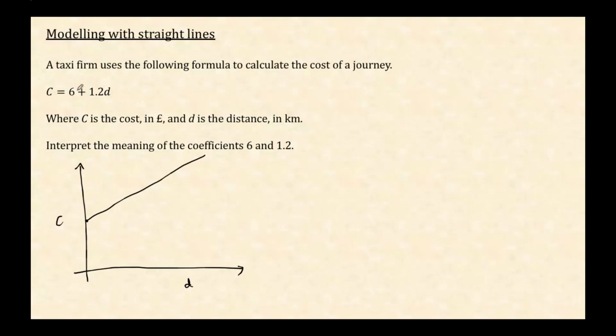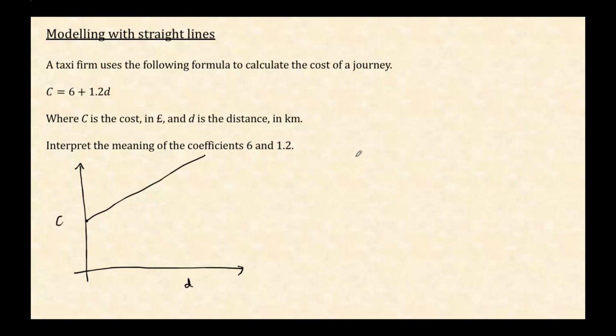Well, this 6 here, so it's the y-intercept, so that would be the cost if you did 0 distance. Well, obviously no one takes a journey of 0 distances, so we don't want to explain it like that. But if you've ever got into a taxi before, you'll notice that the cost on the meter usually starts at a certain point. It usually doesn't start at 0.